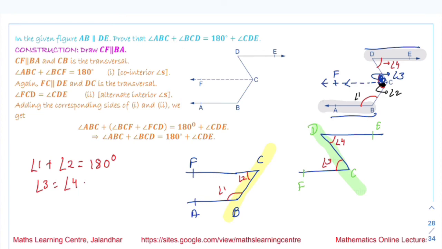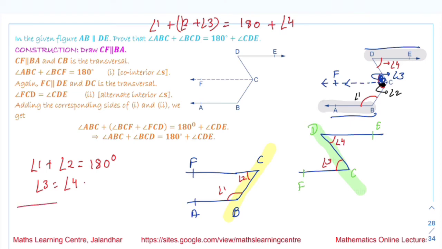Now what we have to prove is, in terms of angles 1, 2, 3: angle ABC, that is angle 1, plus angle BCD, meaning angle 2 plus angle 3, is equal to 180 plus angle CDE, which is angle 4.